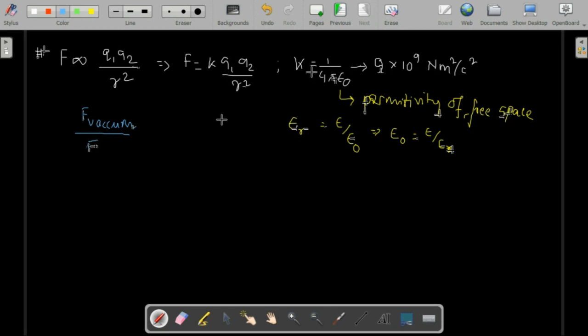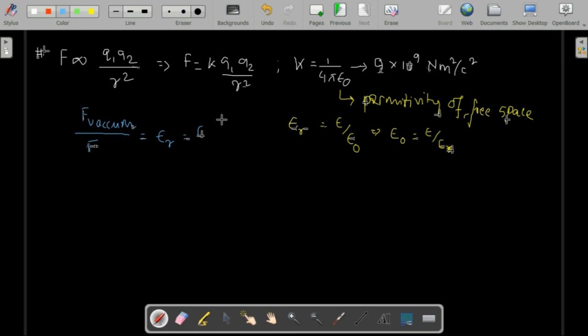You can take this formula, 1 by 4 pi epsilon naught, and divide it by 1 by 4 pi epsilon. This ratio for the same system is also going to give you the relative permittivity. You put in the formula and check: epsilon naught will get cancelled, epsilon will also get cancelled, and we get the epsilon r value, that is, epsilon by epsilon naught.